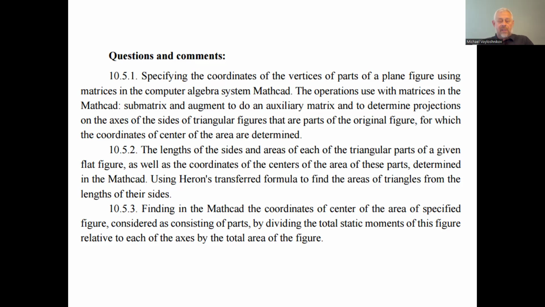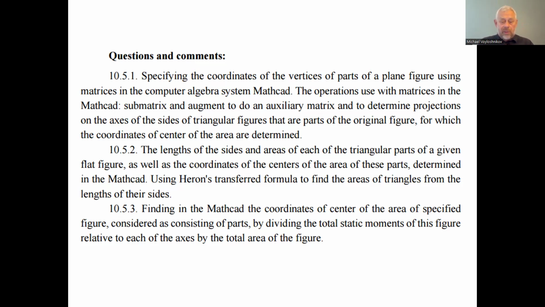we have the difference for each side of the coordinates of the first and the second vertices, the first and the second ends of each of the sides of the triangular figure.